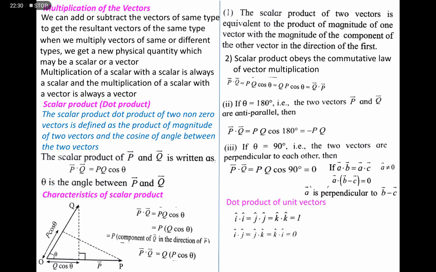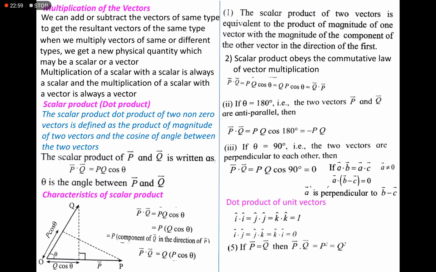Just now I said when the angle is 90 degrees, then their dot product is 0 and the vectors are perpendicular to each other. Definitely the unit vectors, that is i bar and j bar, are along the x-axis and y-axis. Axes are perpendicular to each other. Angle is 90. Definitely the dot product is 0.